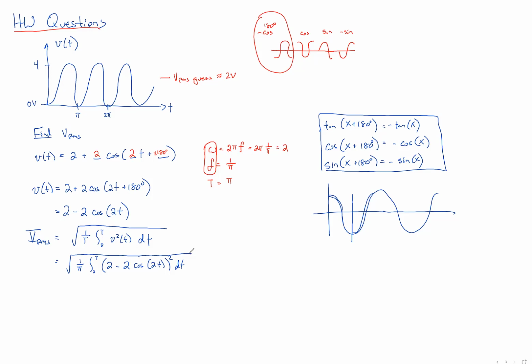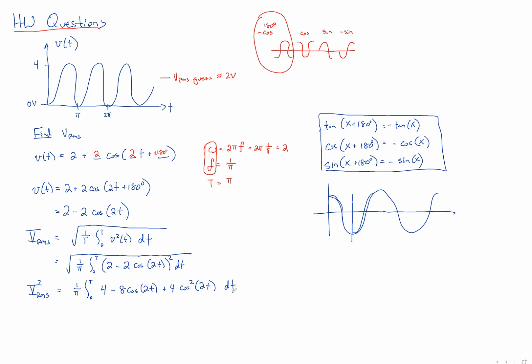I think what I would do, just so I'm not always writing these square root signs, is I would square both sides temporarily as I do this integral. I would cross multiply this, so I get 4, minus 8 cosine of 2t plus 4 cosine squared of 2t dt.